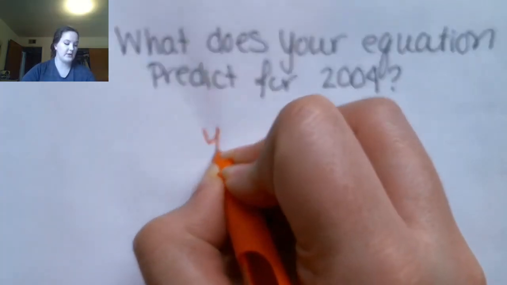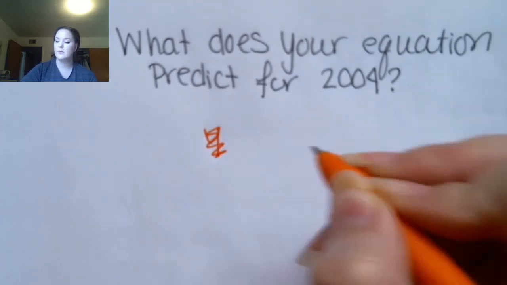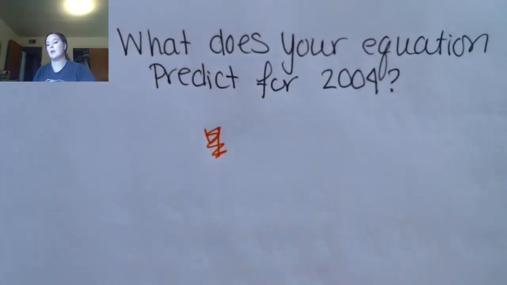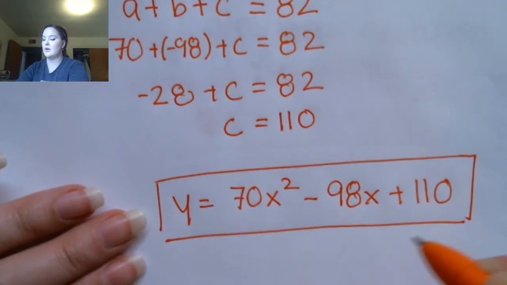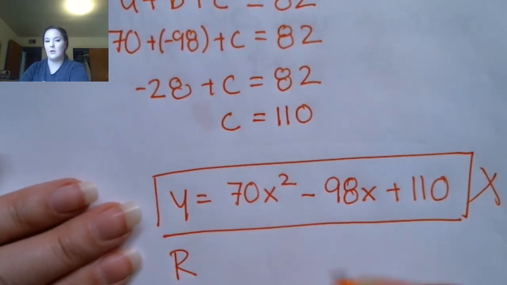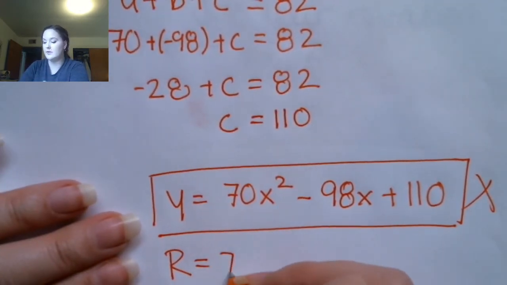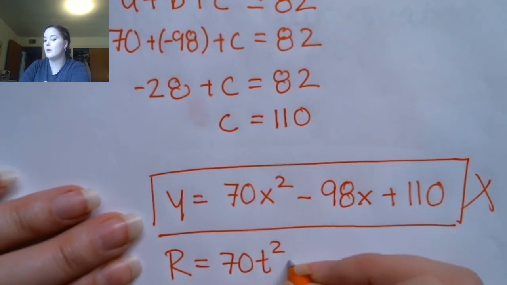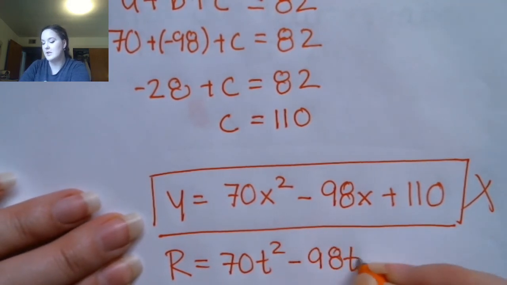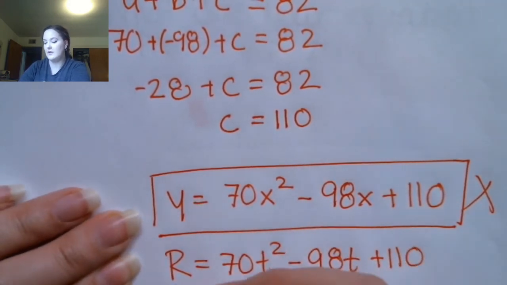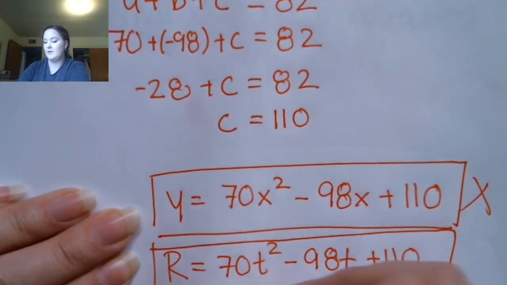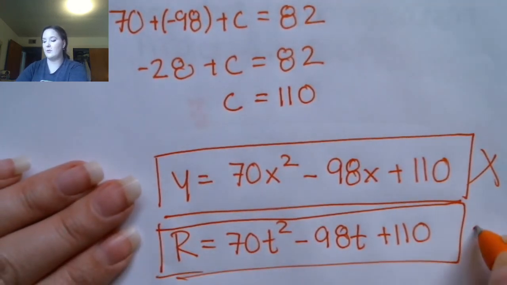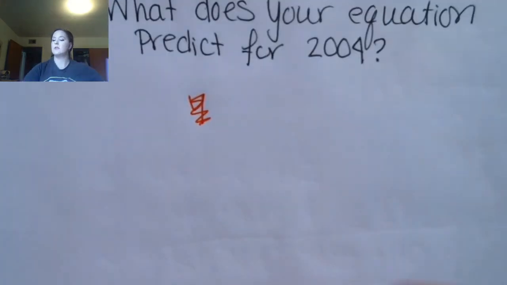Okay, so our equation was this. Oops, we used the wrong variables. We were using t and r, I'm sorry. So R equals 70t squared minus 98t plus 110. We want to use the variables given in the question. Okay, so let's write that down.